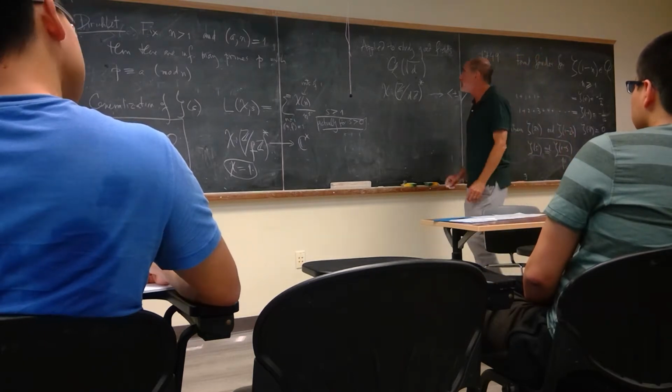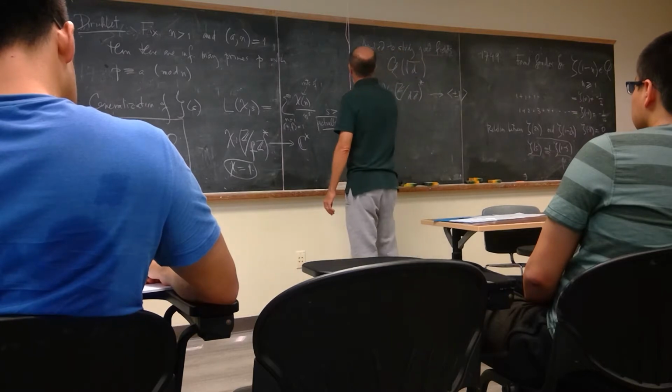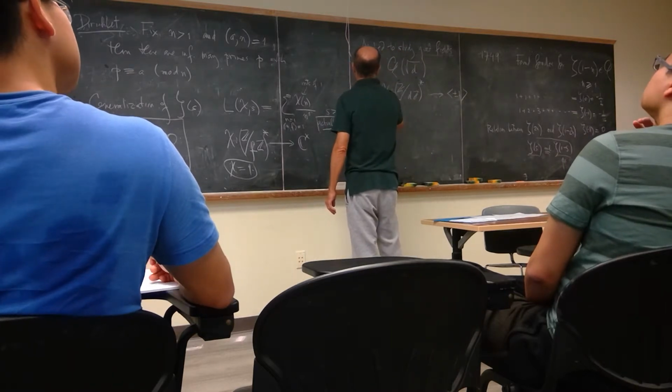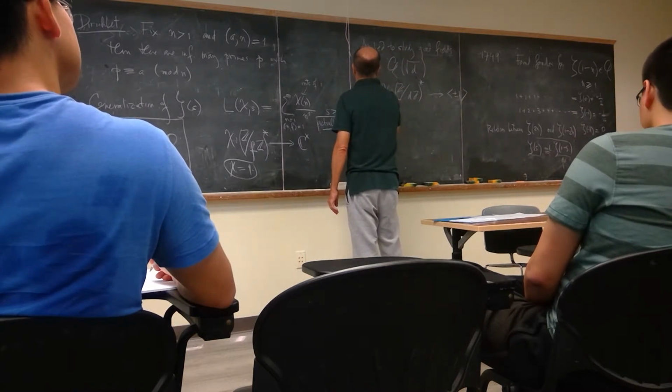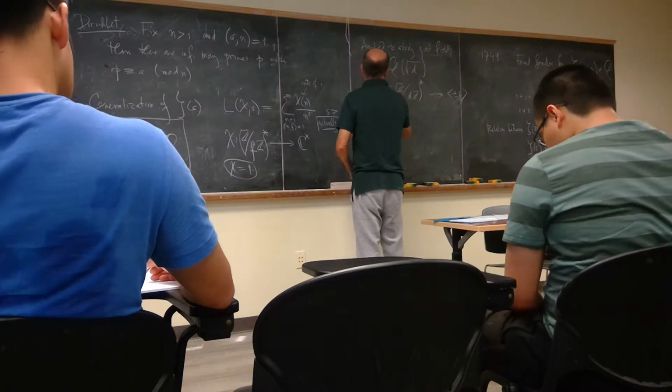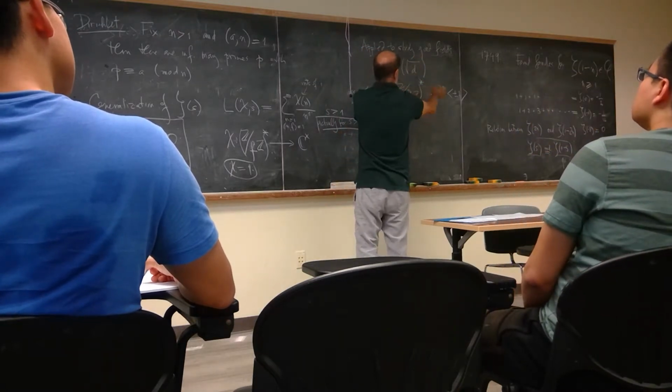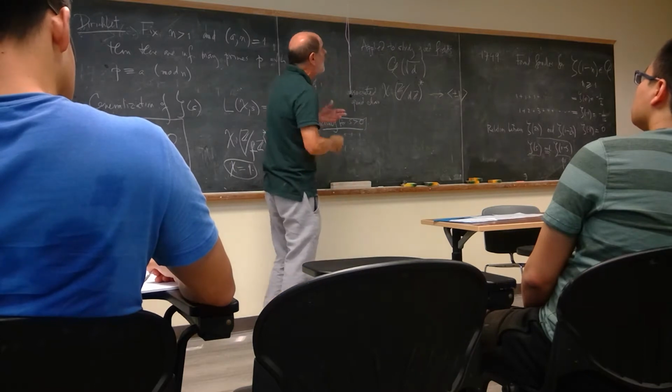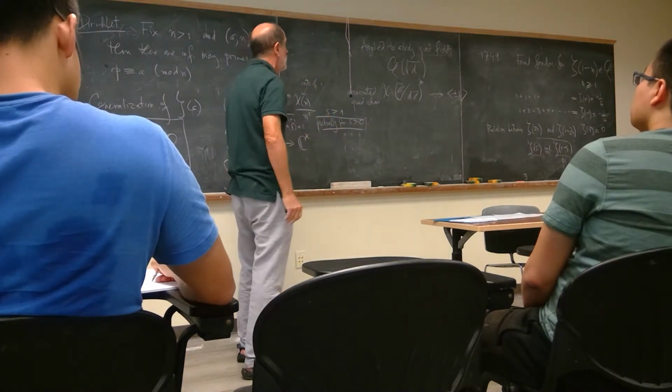Okay, so two associated quadratic character, and this relationship between the zeta function of the field and these Dirichlet L functions was Dirichlet's analytic restatement of Gauss's theorem on quadratic reciprocity.